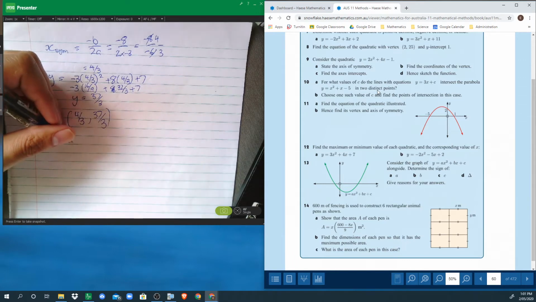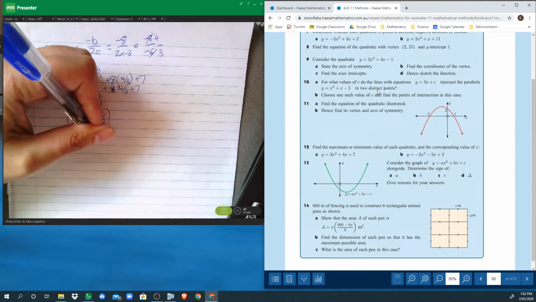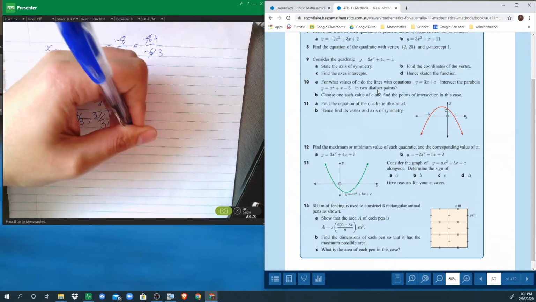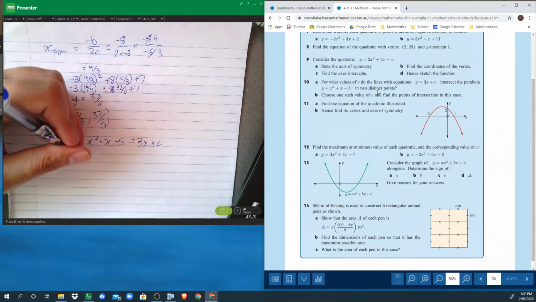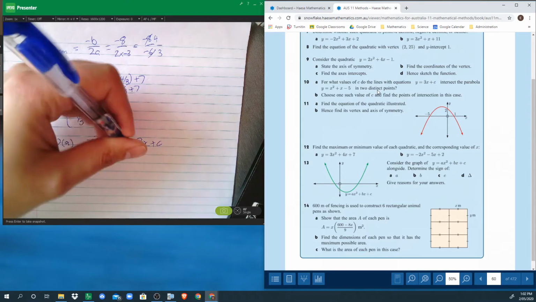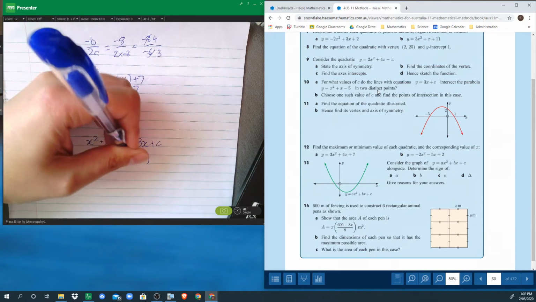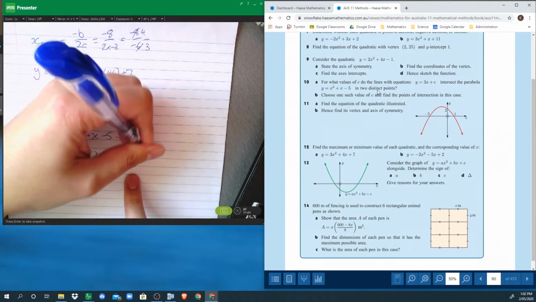All right, so x squared plus x minus 5 equals the line. Okay, bring everything across to one side, x squared, that will be minus 2x, and I've got plus, and I'm just going to organize it like this. I have my reasons. Just makes pointing out the discriminant easier, equals 0.